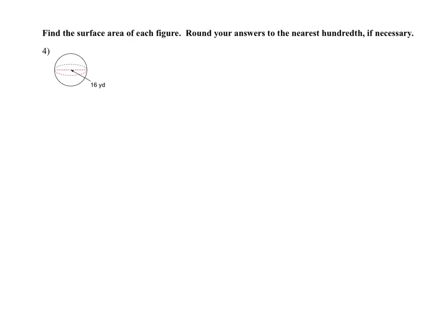Now, I want to find the surface area. So remember that the surface area equals 4 pi r squared. Now I have the diameter, so my radius here is 8. So I have that my surface area is 4 pi times 8 squared.